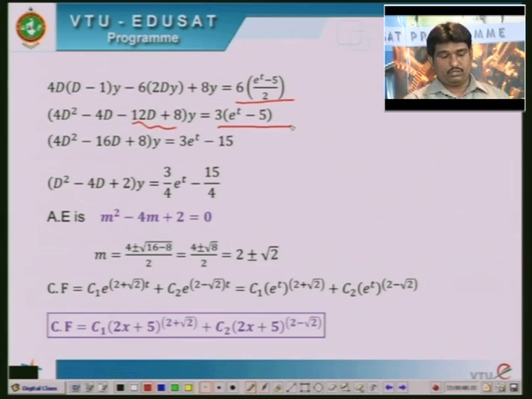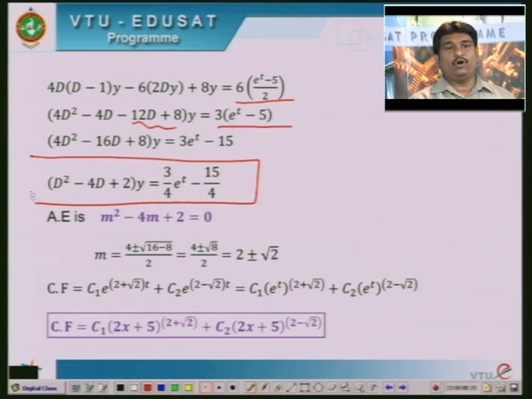Simplify this to get (D² − 4D + 2)y = (3/4)e^t − 15/4.